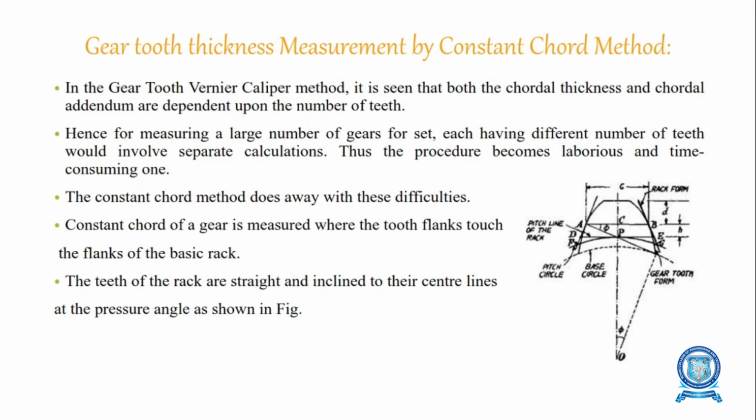When the gear is rotated and all teeth come in contact with the rack, then for a given size of tooth, the contact always takes place at points A and B. The distance AB remains constant. So it is called a constant chord.